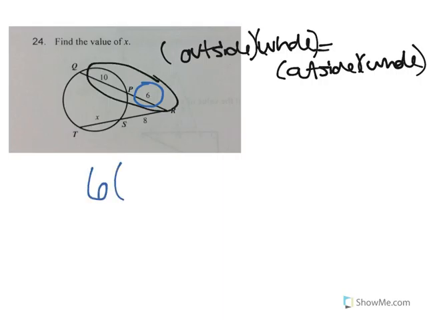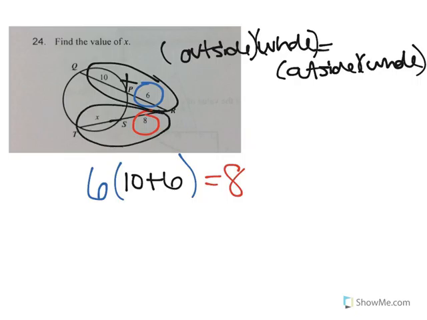And my whole line, if I add that together, is going to be 10 plus 6. And my other secant line, the outside piece is 8. And my whole line, if I add it together, is going to be x plus 8.